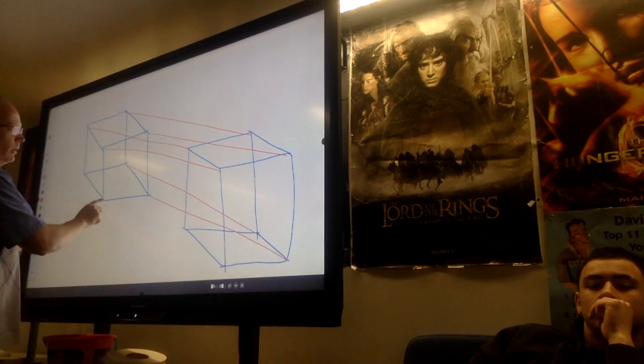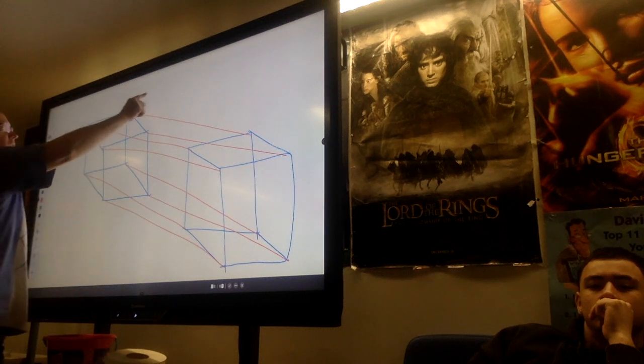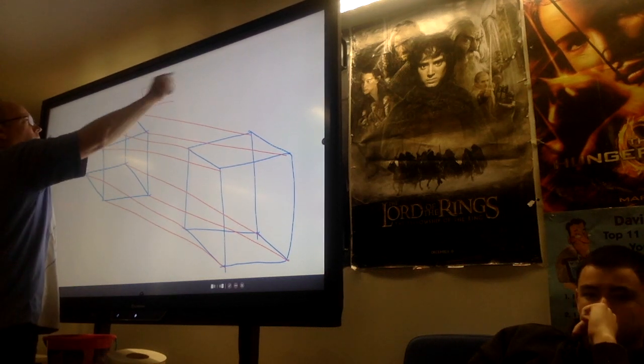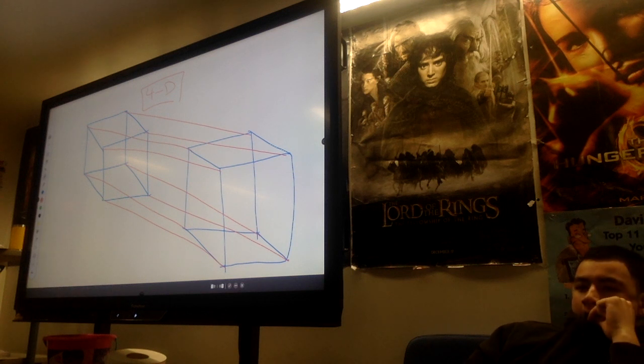This is called a hypercube. And a hypercube is a 4D or fourth dimensional representation. Now, I did not change the dimensions of my board. My board is still only 2 dimensions, being a flat surface.